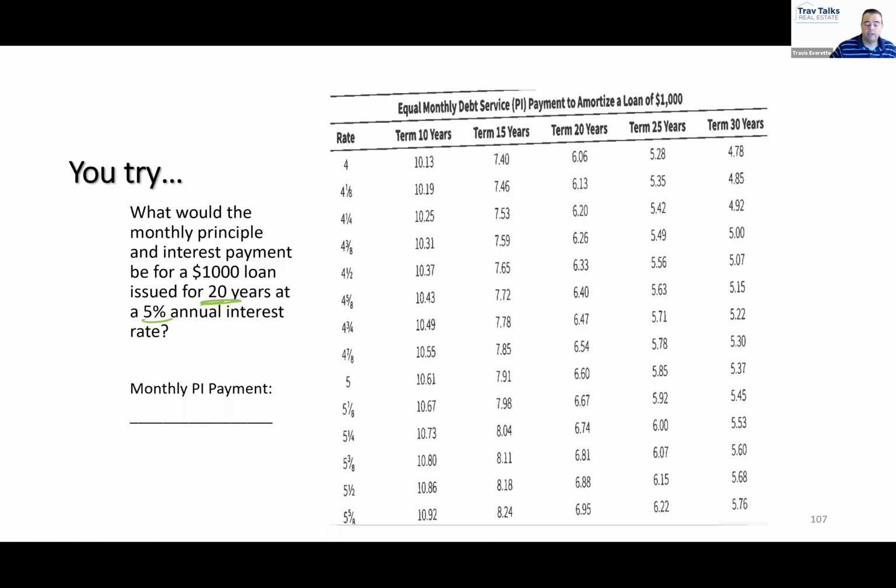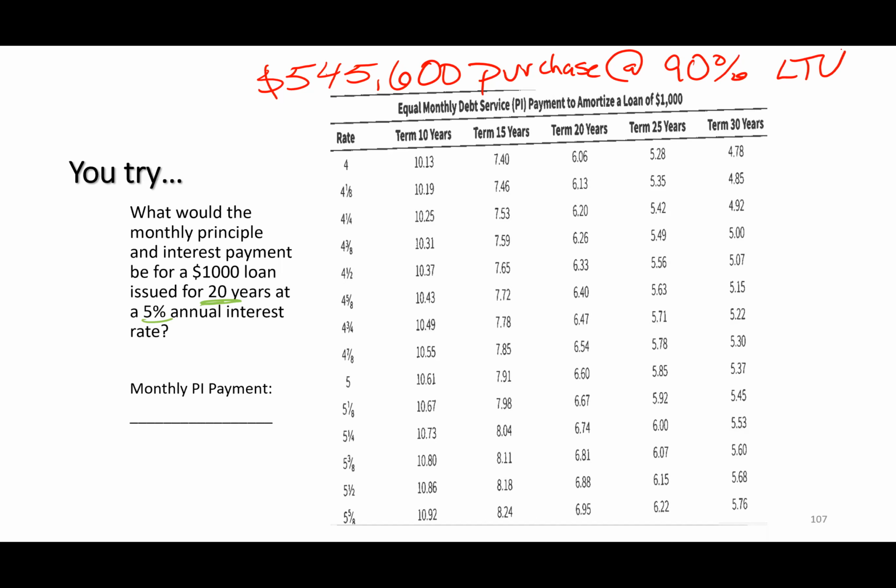But let's say we're doing a $545,600 purchase at 90% loan to value for 20 years at 5% interest, and I want to know the payment. That's about as complex as it can possibly be.